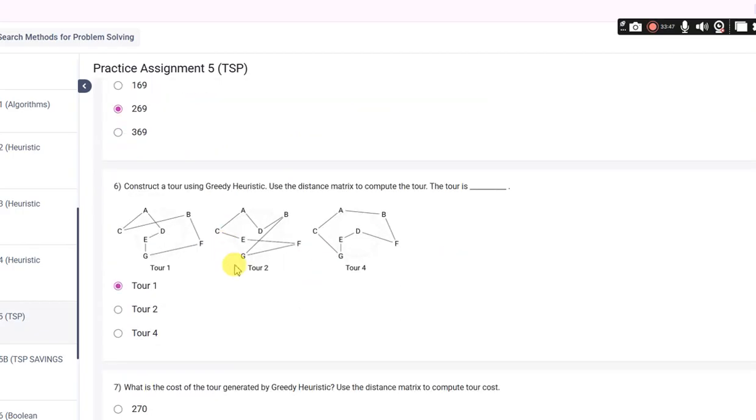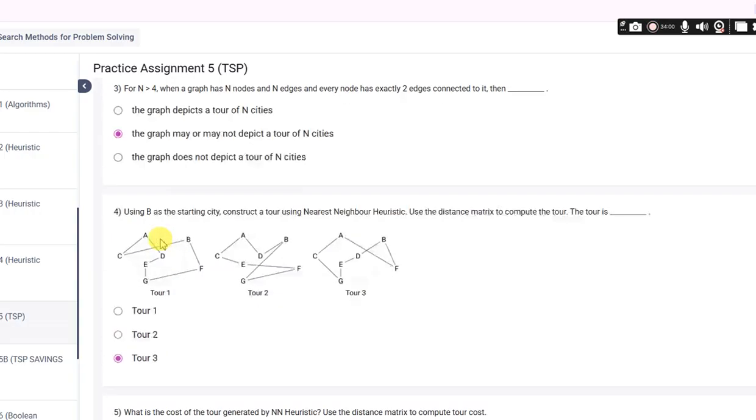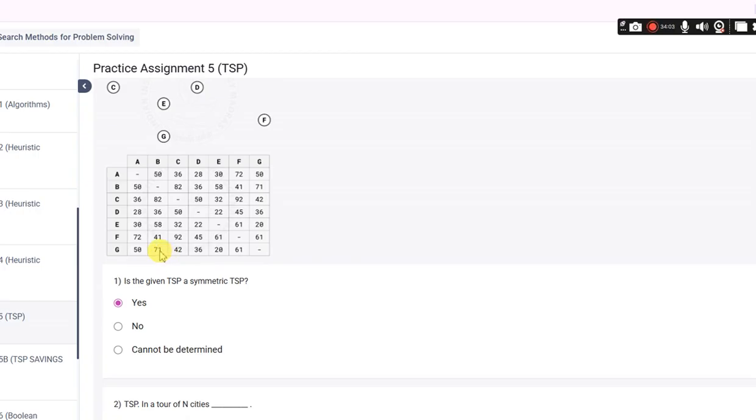Yes, that is. Now let's consider the greedy heuristic. In the greedy heuristic, starting from A, we will go to D, because the greedy heuristic takes the first city that it sees as the smallest.